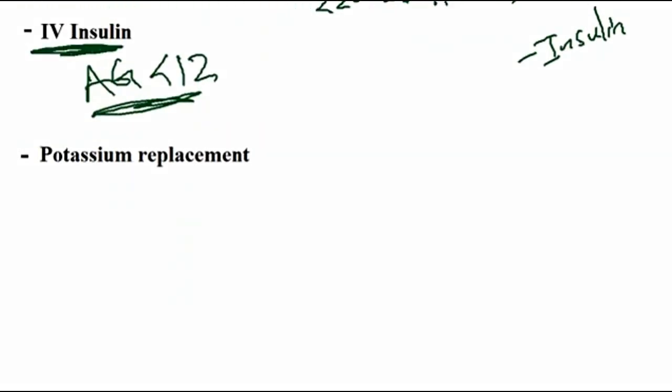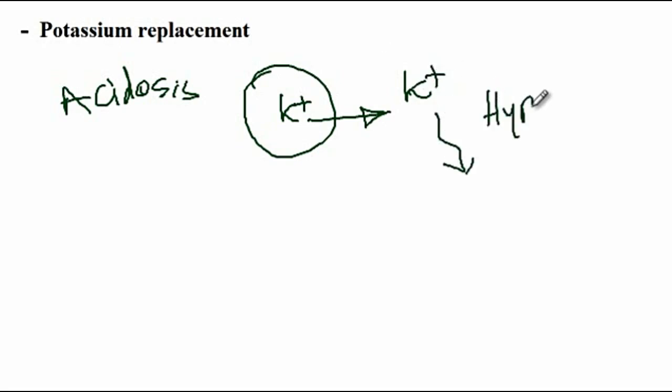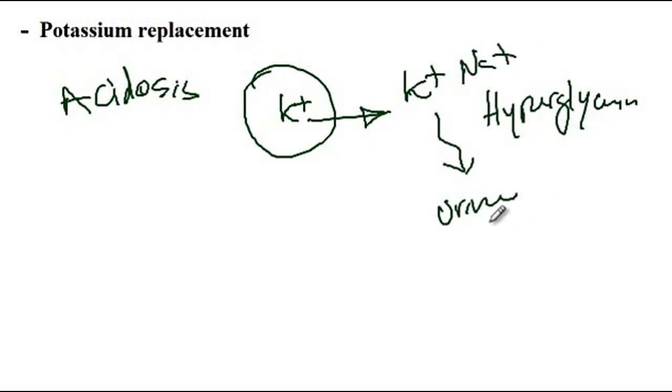Now, the reason you have to provide potassium replacement is that acidosis causes shifting of potassium from inside the cell to the extracellular space. So now there is too much potassium in the extracellular space. At the same time, there is hyperglycemia, which causes diuresis, and therefore potassium as well as sodium will be lost in the urine.